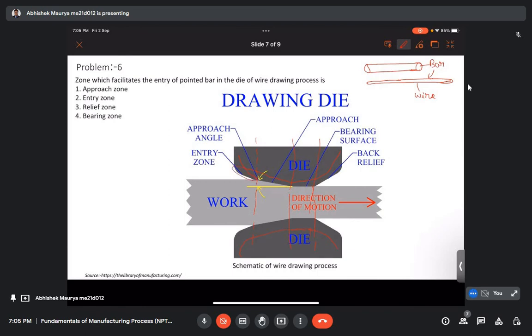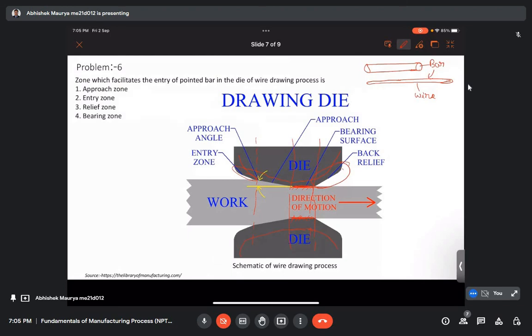After that it passes through the approach zone, and finally it comes out through the exit, and this zone is called the relief zone or clearance zone. In between there is a bearing surface. This bearing surface has the final dimension of the wire.